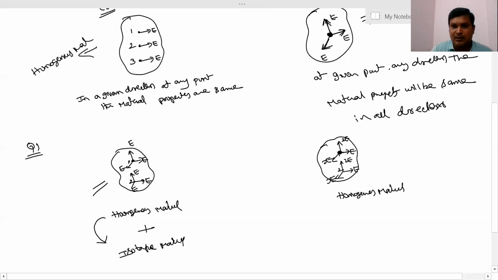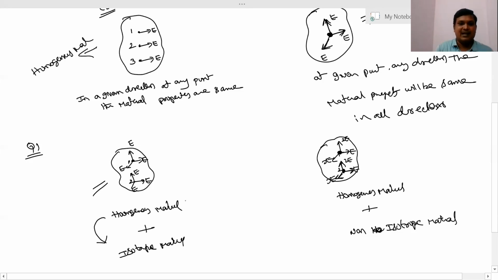And at the second point also, at a given point, the material properties in all directions are not the same, they are different. X direction is E, y direction is 2E, and z direction is 3. This is a non-isotropic material. Is it clear?